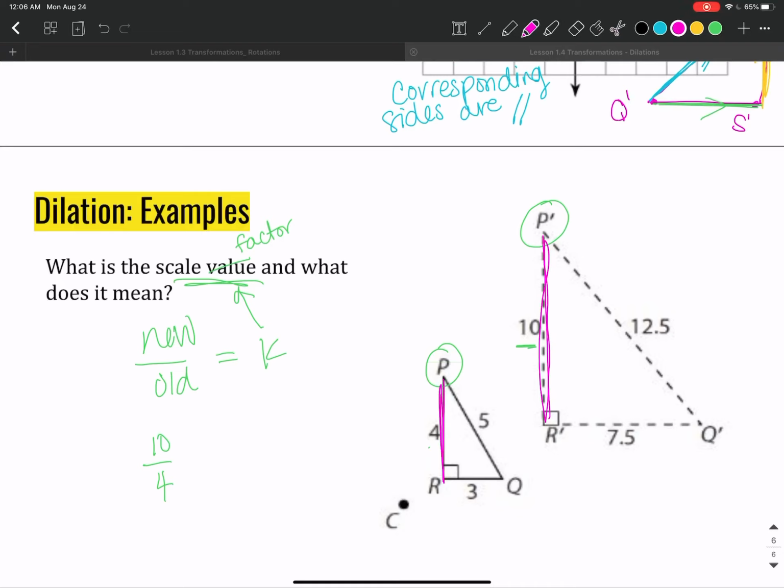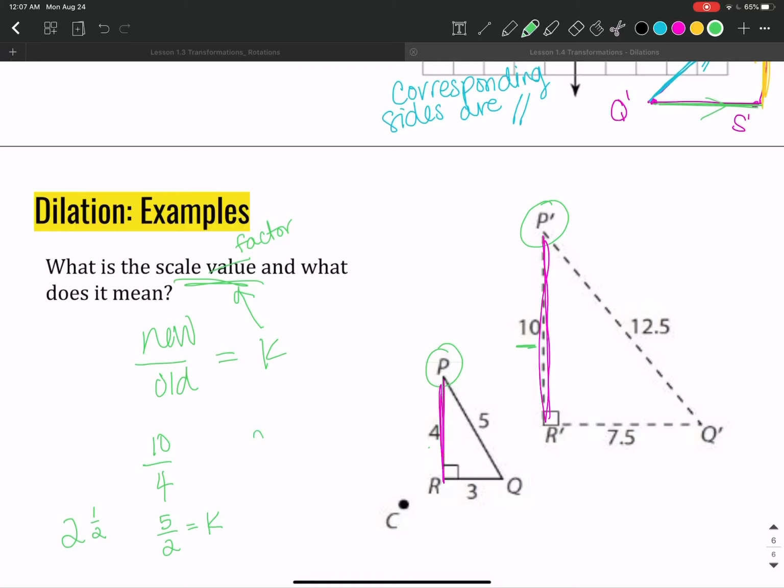So P to R and P to R. So if we do that, then we know 10 divided by 4 would be 5 over 2. And that would be our scale factor. And that's an improper fraction. 2 goes into 5 twice, and we would still have a 1/2 left over, so that would be 2.5.